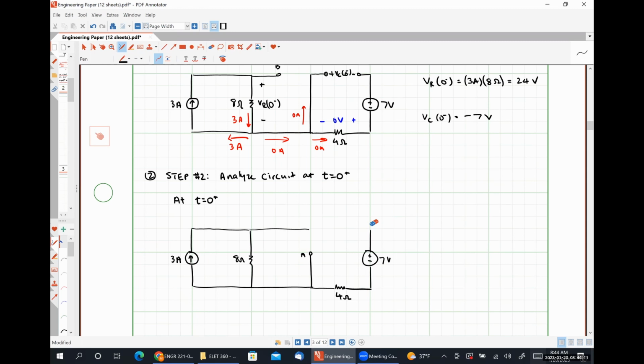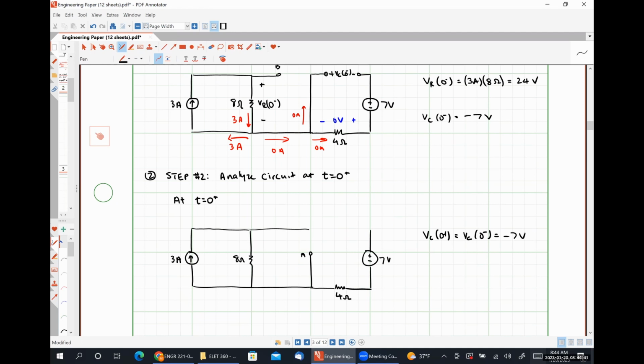So the voltage drop across the capacitor cannot change abruptly, which means that VC at 0 plus has to be the exact same thing it was at 0 minus, which is -7 volts. So at this specific instant in time, t is equal to 0 plus, we know that the voltage drop across our capacitor is -7 volts, regardless of the amount of current that's flowing through it.